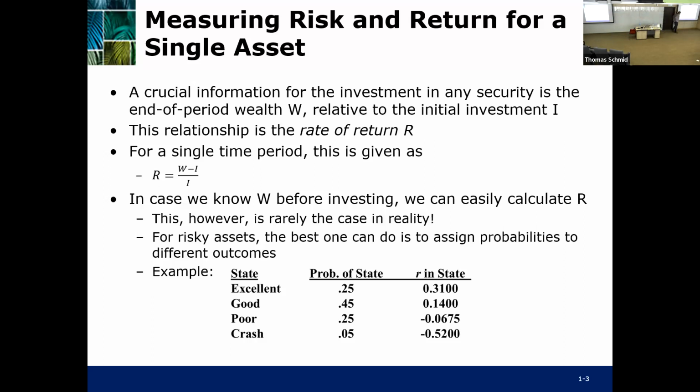So what we can do to make this task a little bit more manageable is to create different scenarios and make the question a bit more concrete. Instead of asking, what will be the return of Tesla over the next year, I could ask, imagine the world is in a great economic condition.